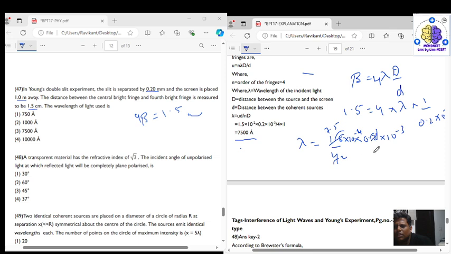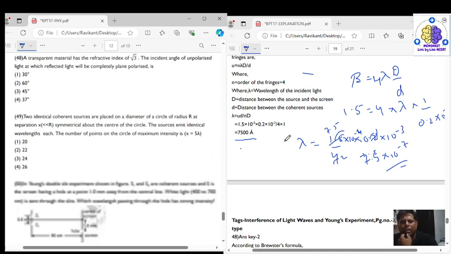So 7.5 into 10 to the power of minus 7. Yes, 7500 angstrom. So the correct answer is 7500 angstrom. The correct answer is option 3. Option 3 is the correct option, the answer for question number 47.